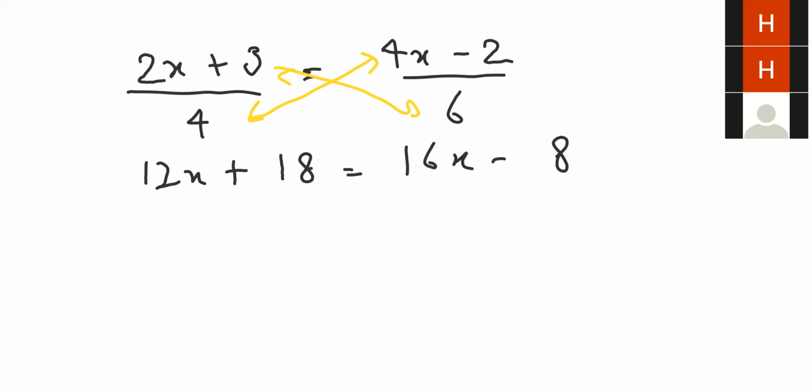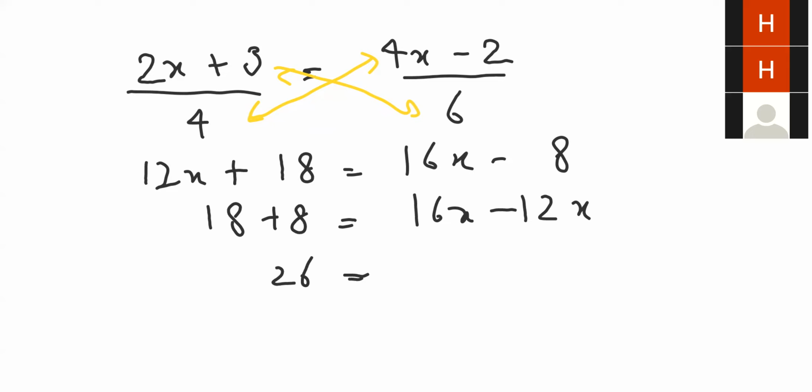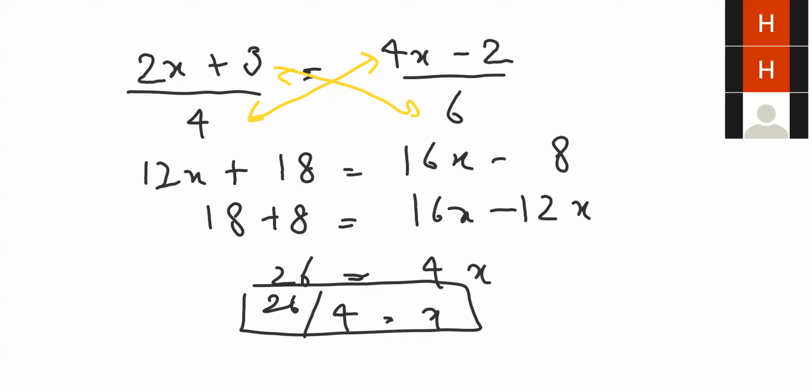We'll be taking our x terms to one side, so we have 16x minus 12x, and we have 18 plus 8. So 18 plus 8 gives us 26 is equal to 16 minus 12, which is 4x. So we'll be simplifying 26 over 4, which will give us the value of x. This was another type of linear equation that we'll be doing.